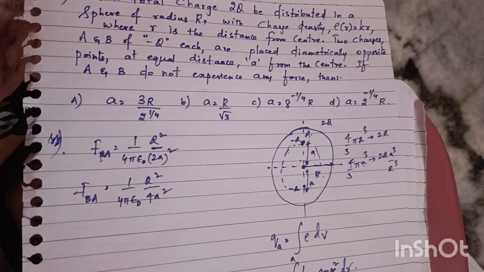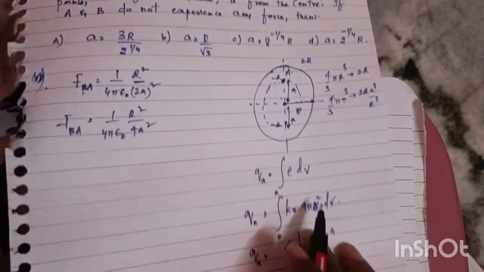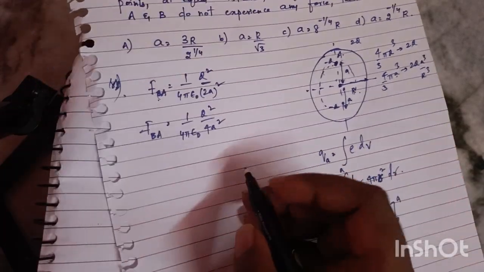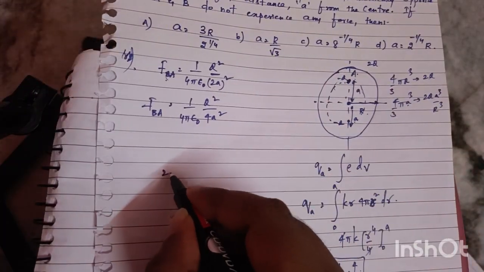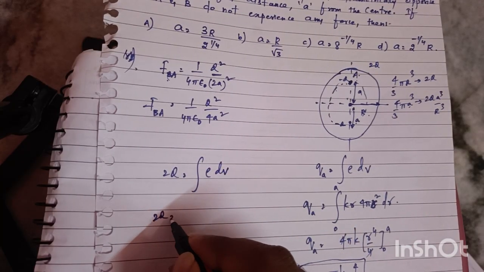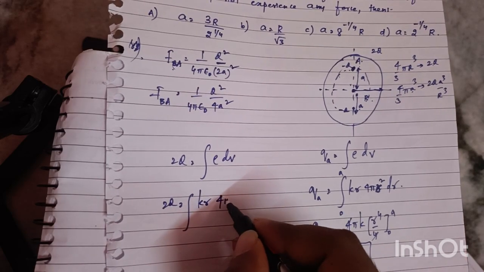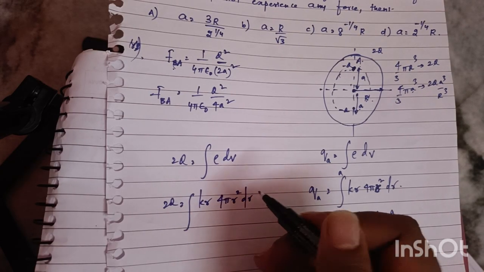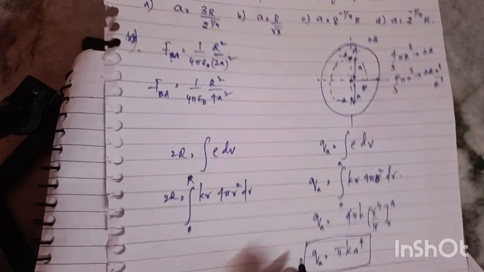For that, what we know is that 2q is the total charge embedded. So if I apply the same method to the whole sphere, the total charge of the sphere is 2q, equal to the integral of rho dv. Rho is kr, and dv at distance r is 4 pi r square dr. The limits now are from 0 to r.